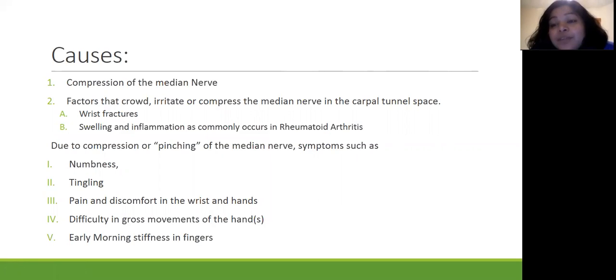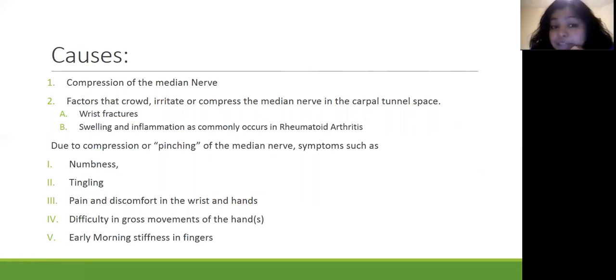Because in Ayurveda, we don't really have an exact name for this, but we can still understand what the condition is. And according to the signs and symptoms that are being exhibited, we can understand what our approach would be. Okay, so what are the causes as indicated by conventional medicine for CTS?